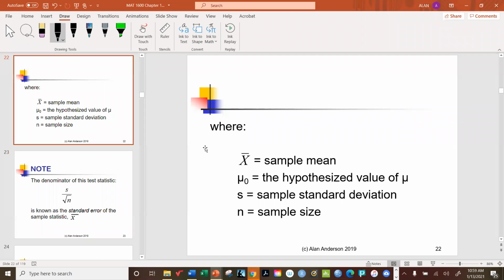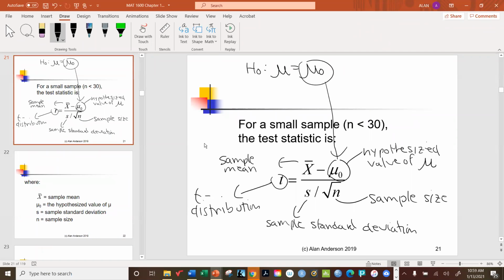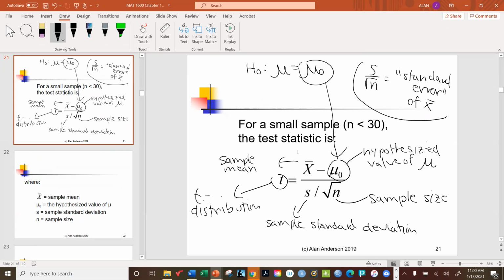By the way, this is just a point of terminology. This denominator is often referred to as the standard error of x bar. Now, you don't have to memorize this. It basically refers to how much different each sample mean is likely to be.